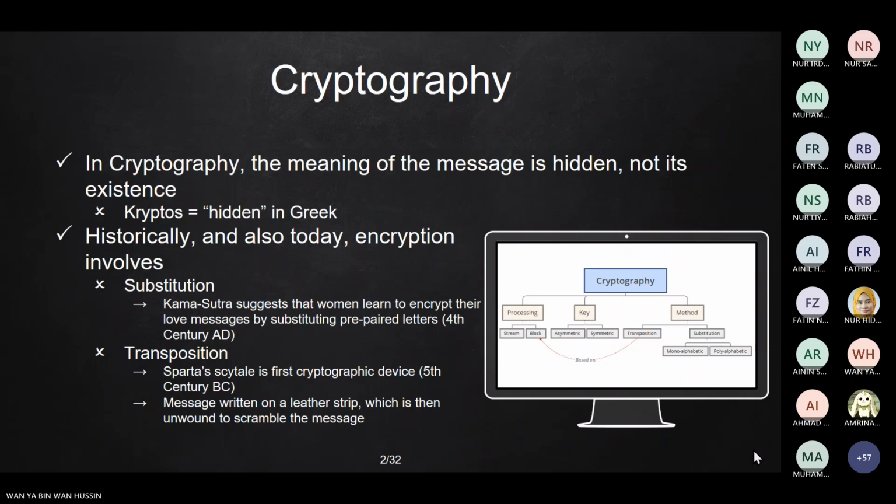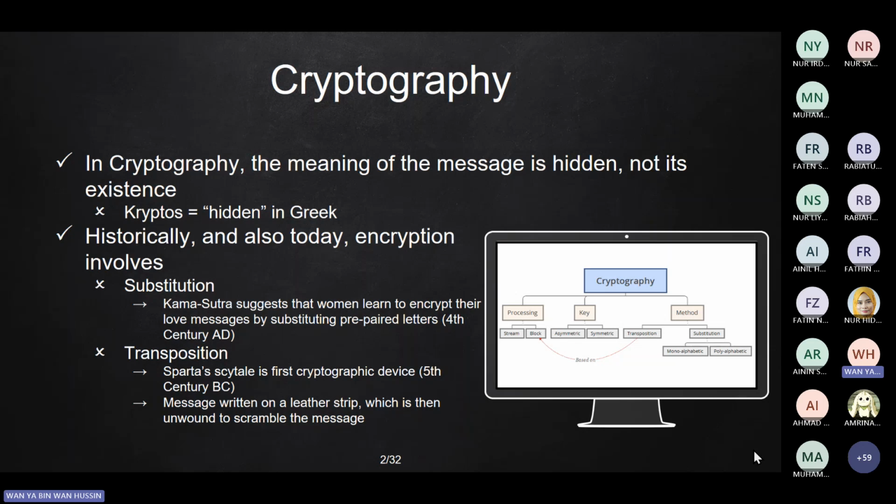And for symmetric encryption and asymmetric encryption, that we will cover next week.